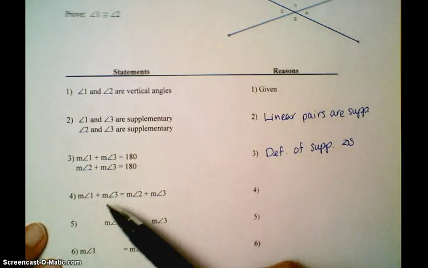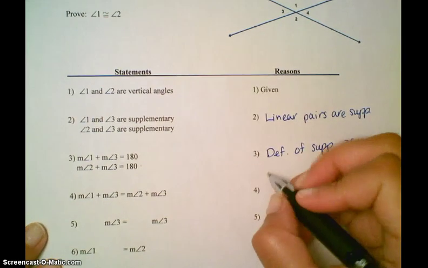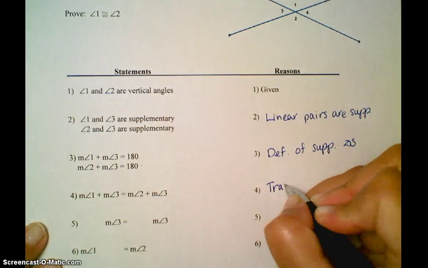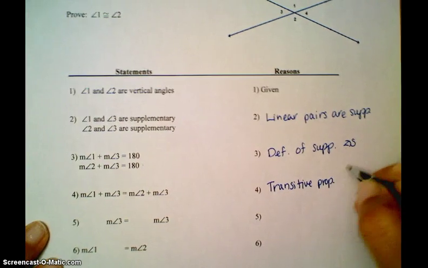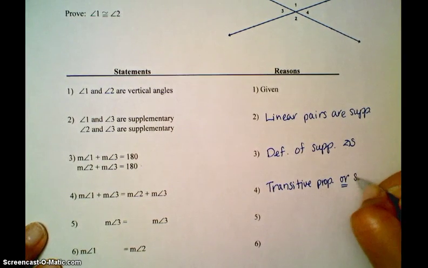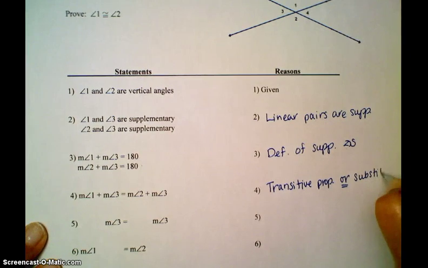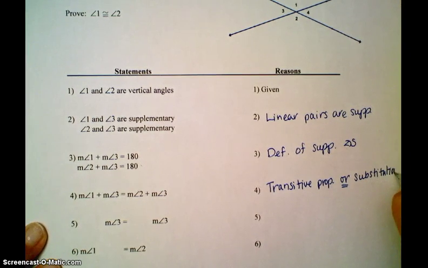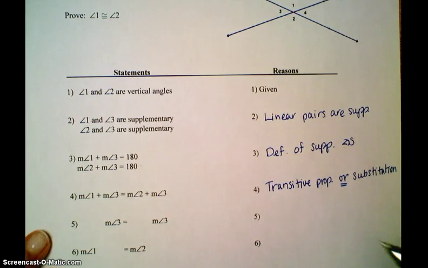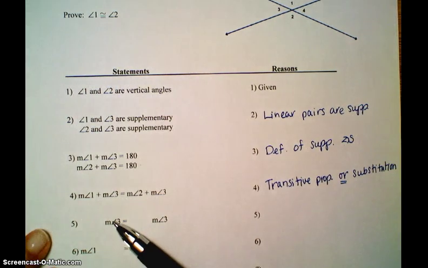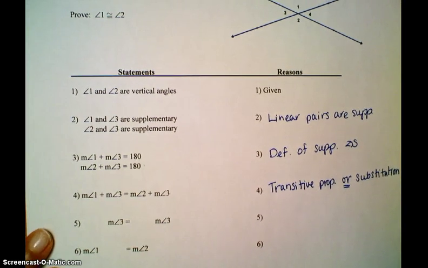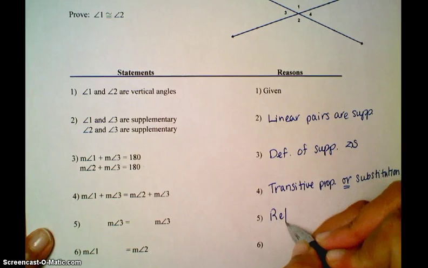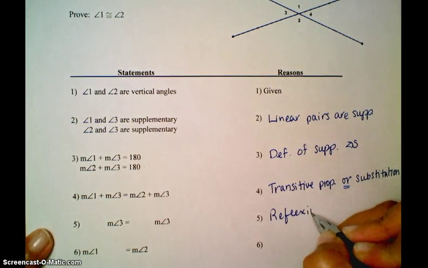So I can say 1 plus 3 equals 2 plus 3, and you could either put transitive property, or you're welcome to use substitution. Either reason would be perfectly acceptable in that situation. Then I say measure of angle 3 equals measure of angle 3. Well, why can I say that? Well, pretty much just because I know it always has to be true because of reflexive property.